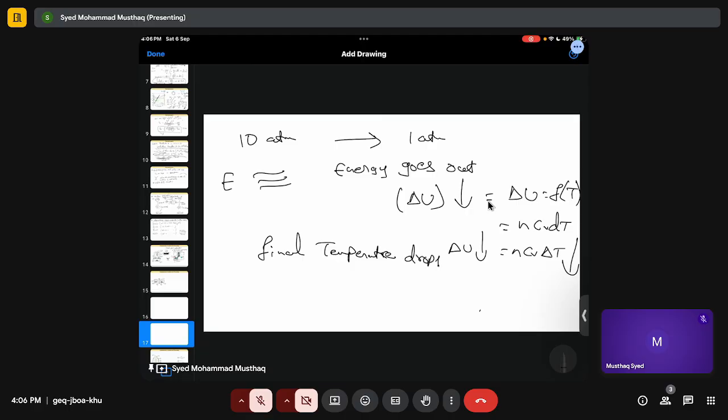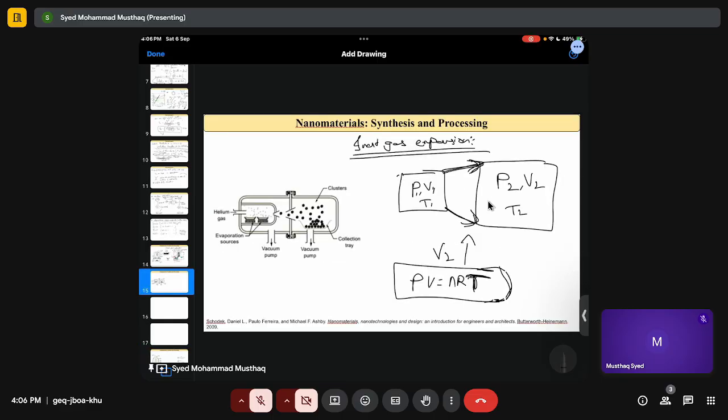That is what happens when we expand the gas forcefully. With sudden expansion, my temperature drops.